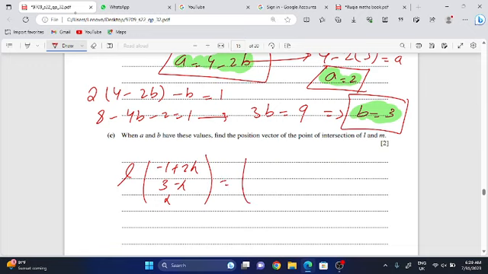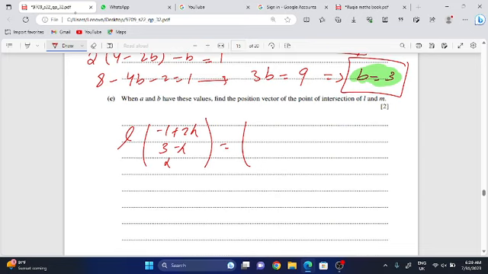So just put down their values over here. The lambda value should be calculated first, and you can calculate the lambda value from the mu one, because you know the values of a and b.